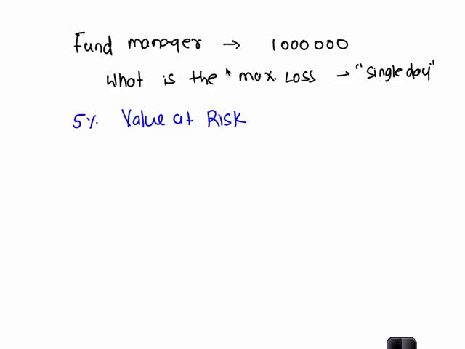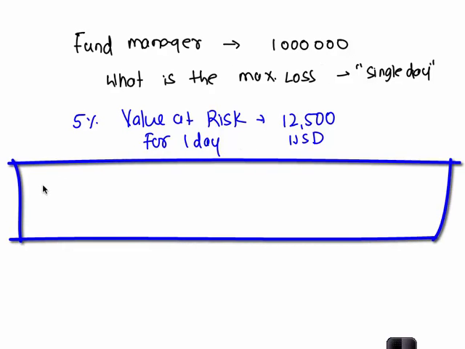There are different methods, but let's say with some statistical analysis, you realize that the 5% value at risk for one day is, let us say, $12,500. Now, the most important thing here is how do you interpret this number? There are two interpretations.